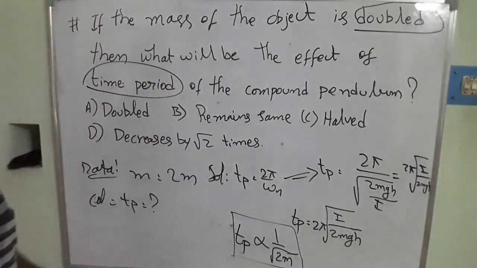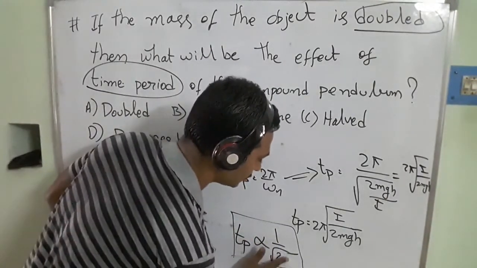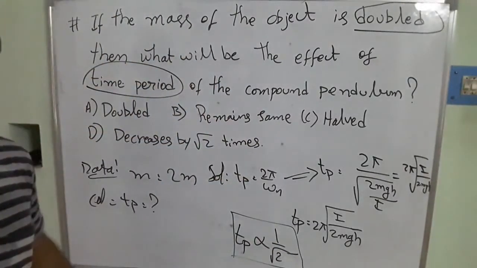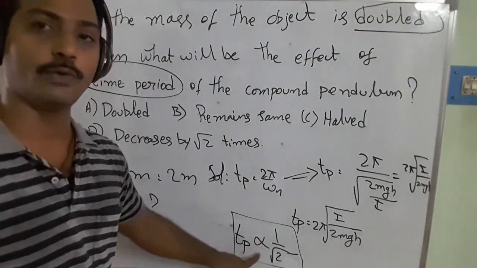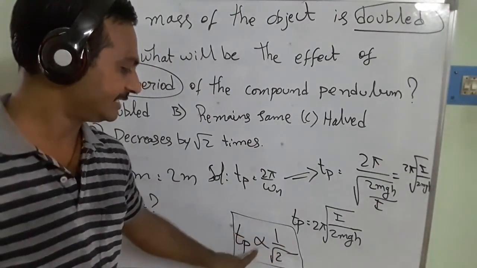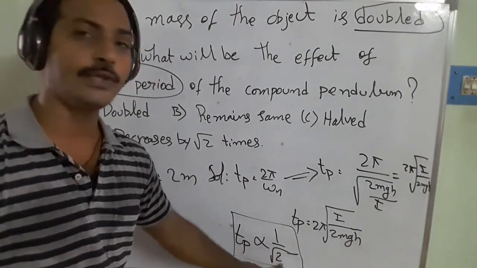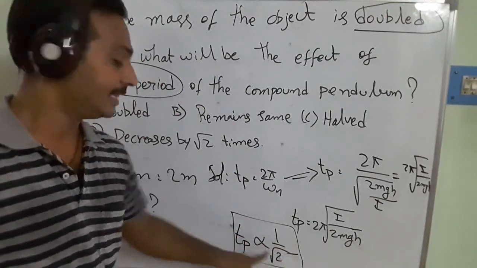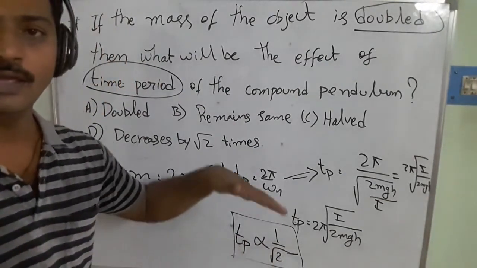Taking the mass element out, the time period is inversely proportional, with the square root of 2. It means that the value of the time period is going to decrease.